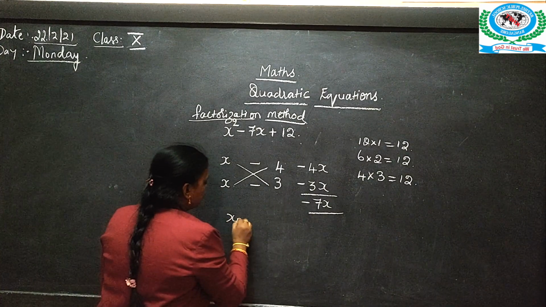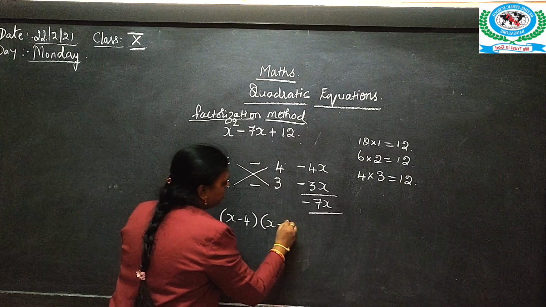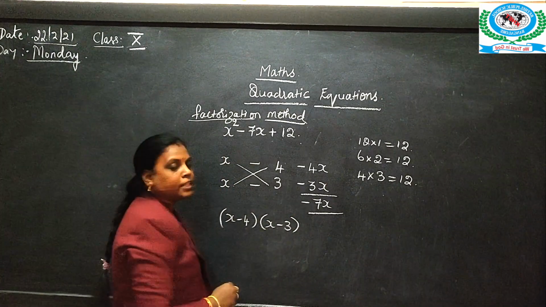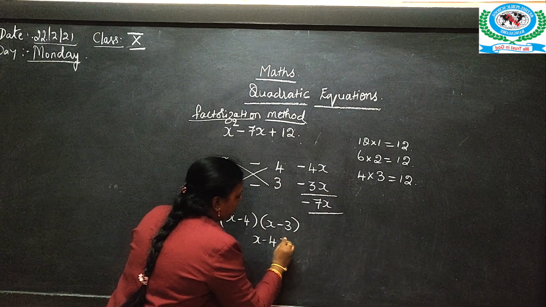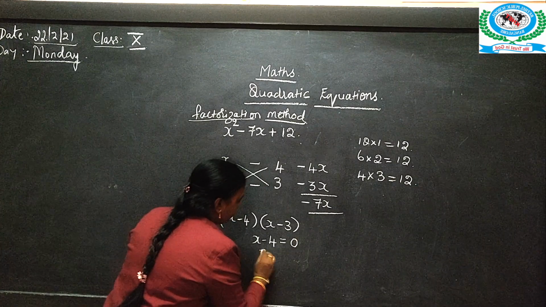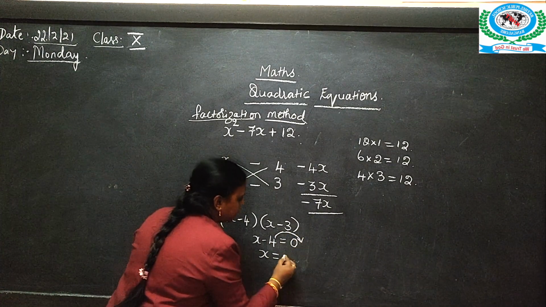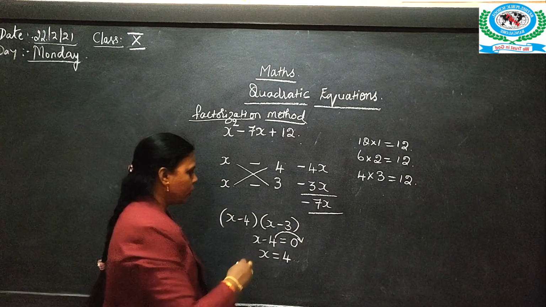So x minus 4 will be one factor and x minus 3 will be another factor. Okay. So equate it to 0. x minus 4 will be equal to 0. x will be equal to minus 4, and when you transfer that side, it becomes plus 4. So the x value is 4.